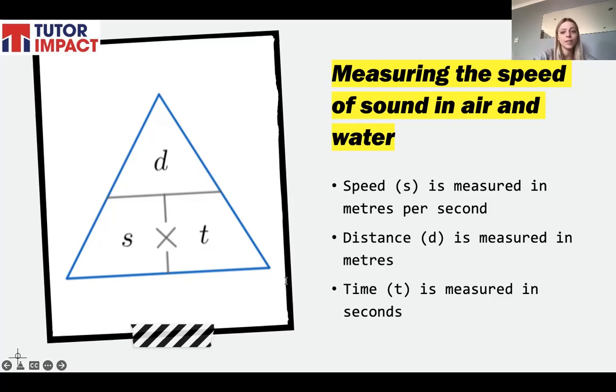That is how sound is carried in air and in fact in water as well. And you can work out, as I said, the speed of sound using this formula. You can also work out the distance and the time in a similar way by covering up the letter you want to work out, and it gives you the formula.